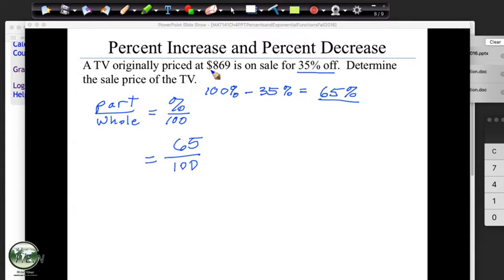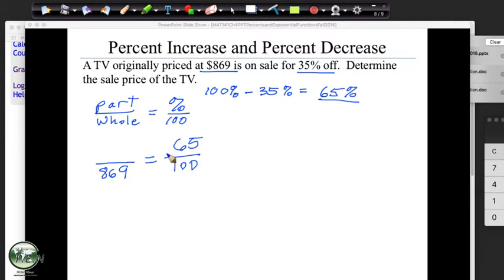And then the question is, is the original price the part or the whole? Well, it's the whole, because I'm going to get a discount, so the top has got to be smaller than the bottom, because 65 is smaller than 100. So that kind of helps. You've got the 869, and it's either going in the top or the bottom.